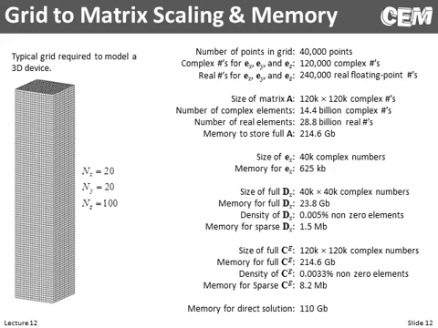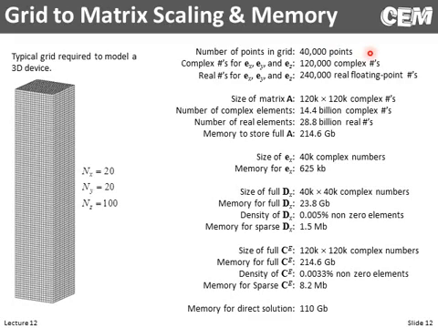So let's think about memory for a second. A small but maybe somewhat reasonably sized three-dimensional grid will be 20 by 20 by 100. The reason for these dimensions will be apparent later, but we could probably get something done with this size grid. So there's actually 40,000 points in this grid, 20 times 20 times 100.